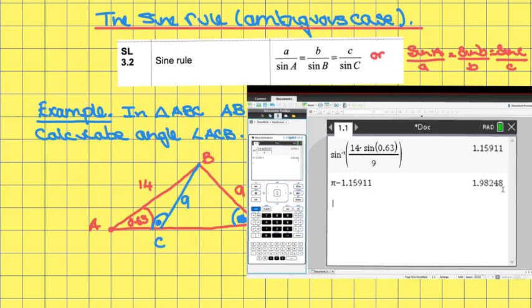So if I write down my two answers, angle ACB equals 1.15911 or 1.98248 rads.